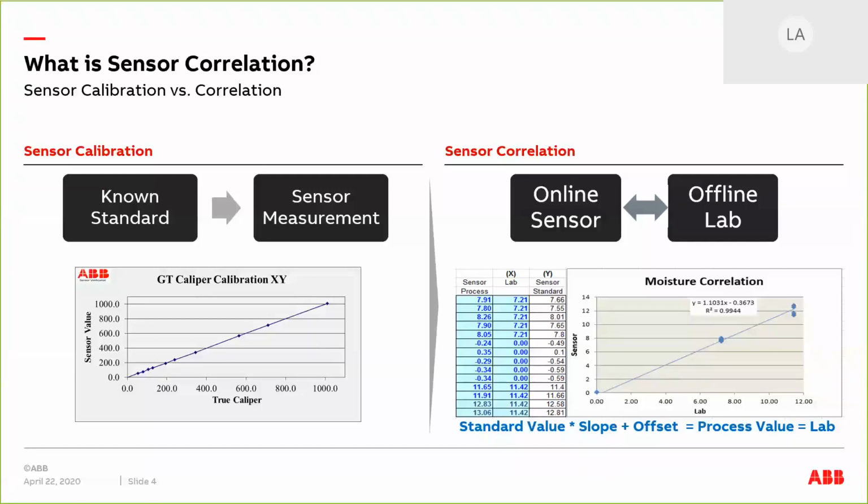For example, the calibration of a caliper sensor compares its response to standards that have known thicknesses. Once the relationship between the caliper sensor response and the standard is known, the calibration process is complete. You look at this, we haven't even touched the paper yet.